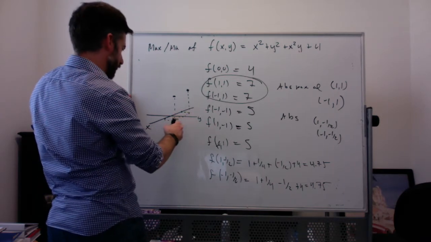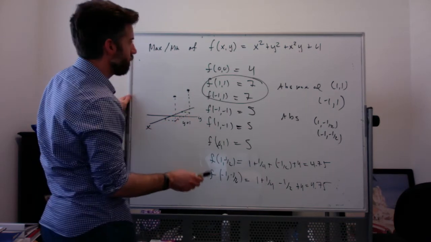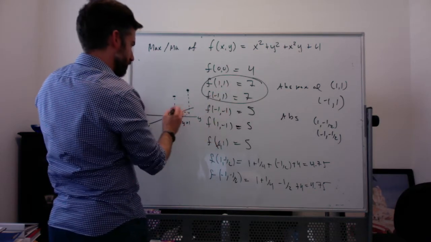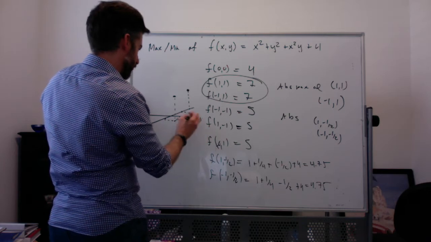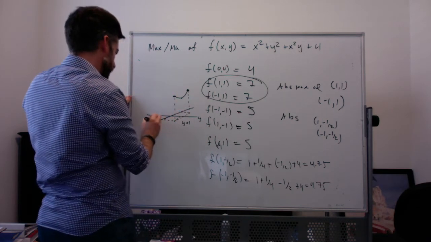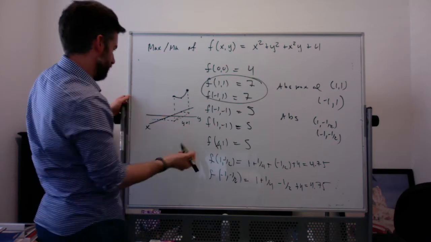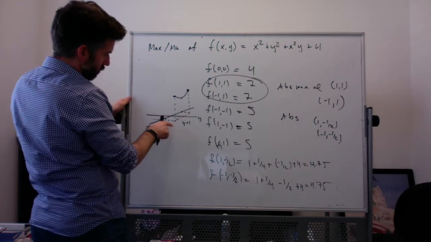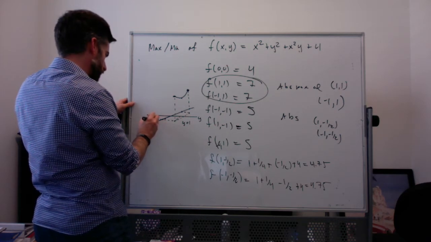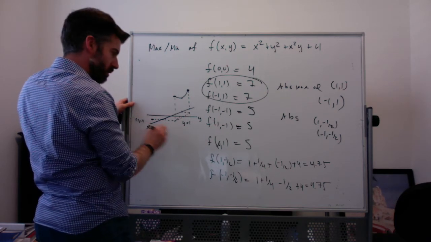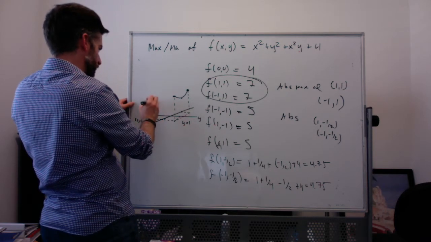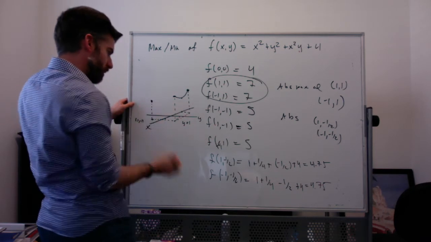So this is along the line y equals 1. At 0, 1 it's 5, so it kind of does this. And then over here, when x is 1 and y is negative 1, we have the value of 5, so it's not quite as high up, it's going to be down there.